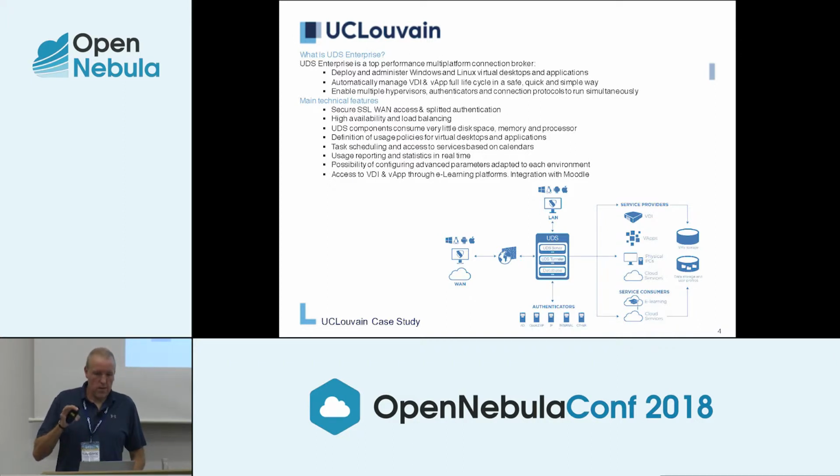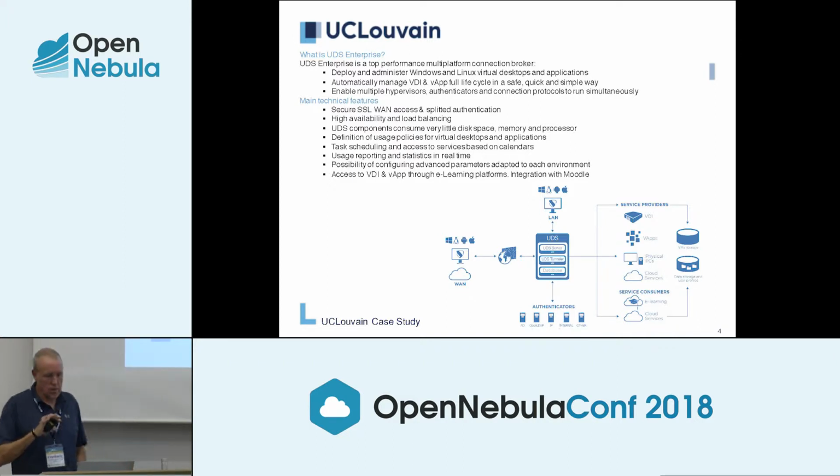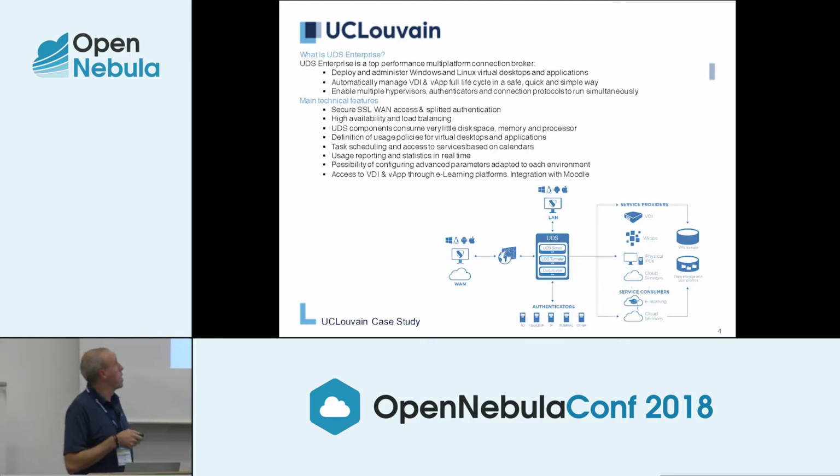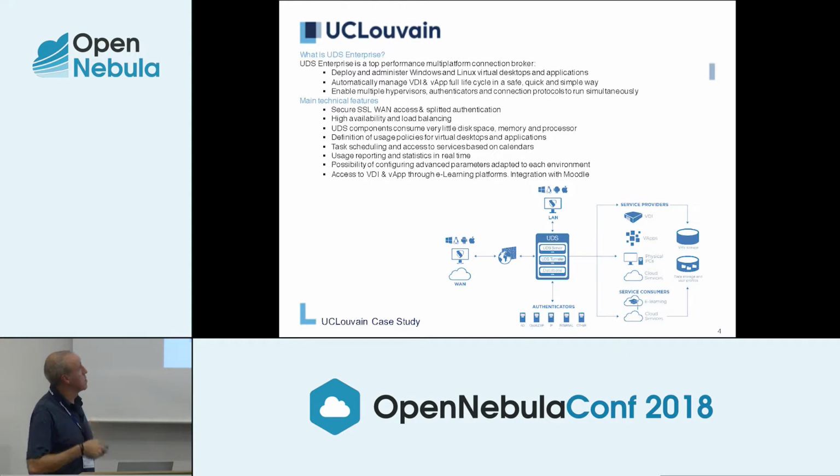Just to give you an idea of our OpenNebula infrastructure, we have two data centers located in two different buildings on the campus. We have about 800 VMs. I'll let you see the numbers here to have an idea of the size of the infrastructure.